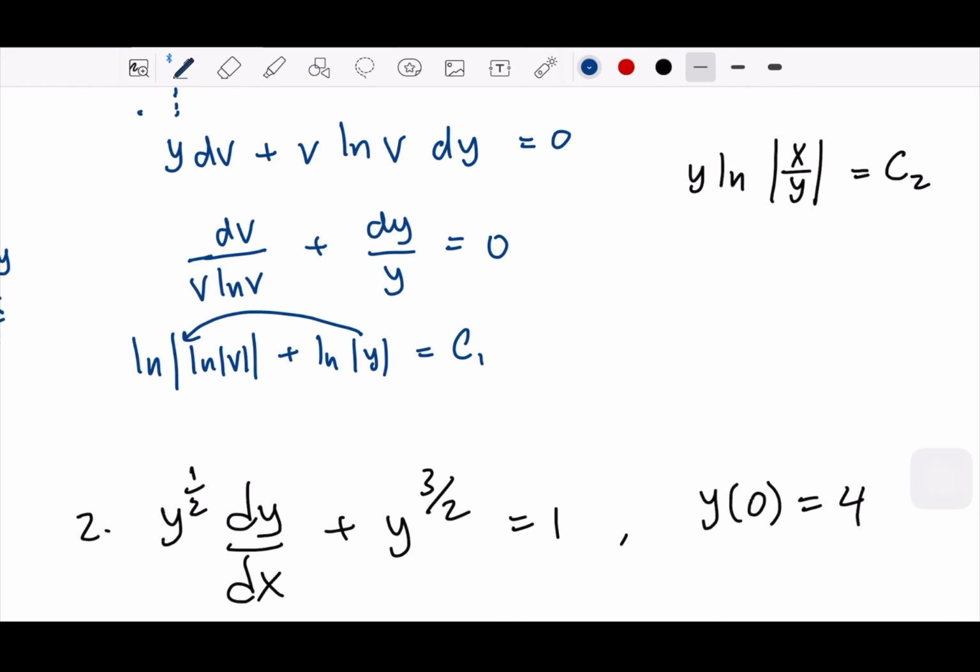So maybe here is y ln phi. This is still c1, and then I remove the ln, so it should be having another constant. So don't worry too much when you remove the ln; it should be e to the power of something, but because it's also a constant, just change the constant. It's okay because we know how to connect them with the initial value.